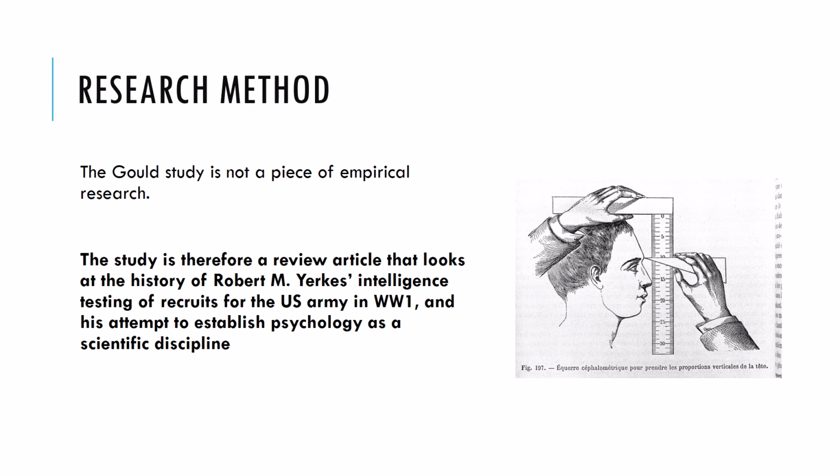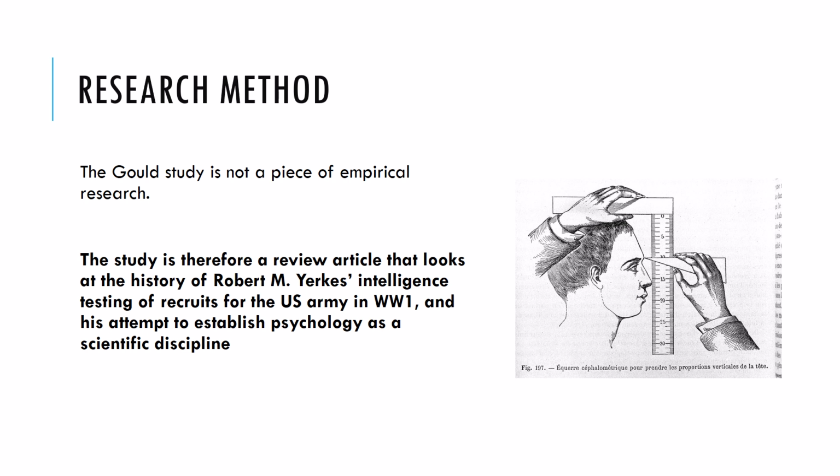Gould is not a piece of empirical research, as I've previously said. It's important to be aware that this piece of research is a review article, and it is an edited extract from Gould's book.